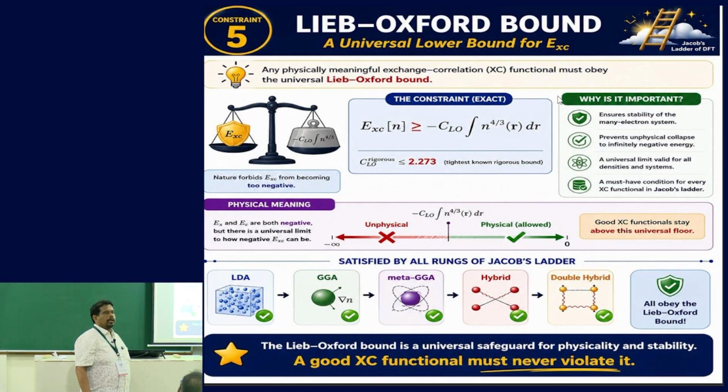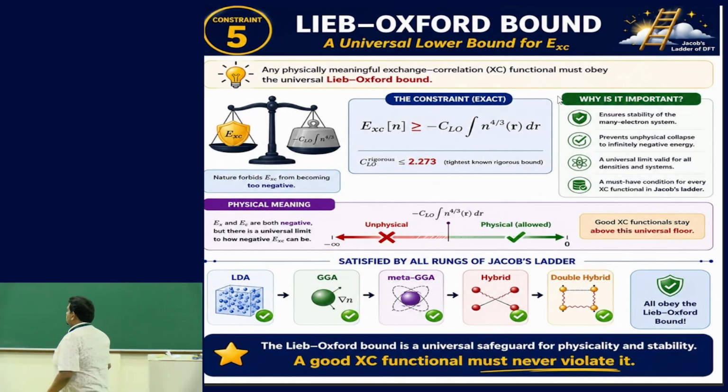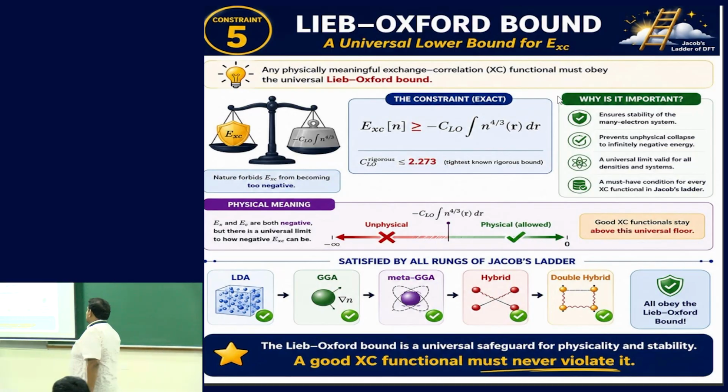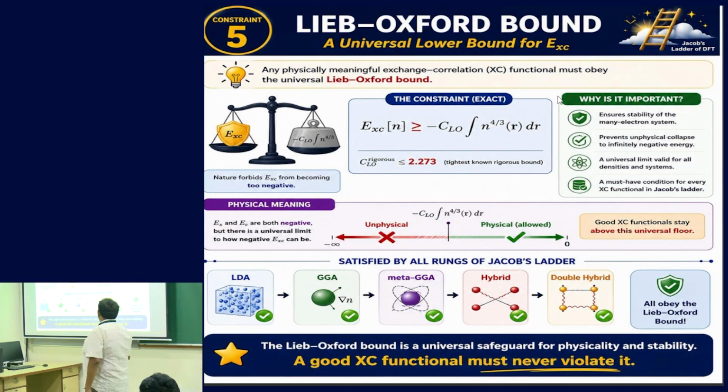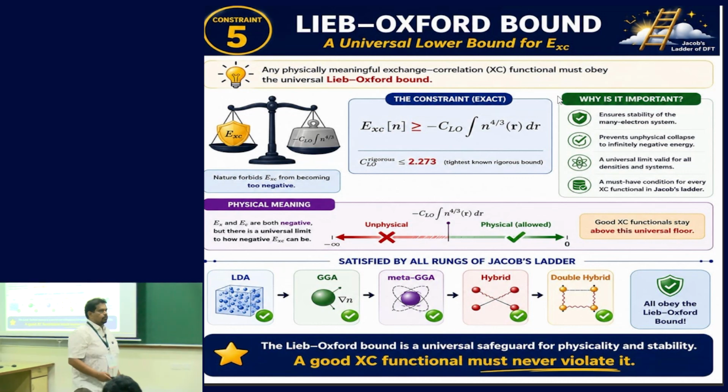They again make it more tight. This Klaus Capel, he did something. Then after that, I forgot the exact thing. So that is the thing, there should be some bound. Otherwise, it will have this unphysical behavior, and that is called the tight bound on the exchange correlation energy.